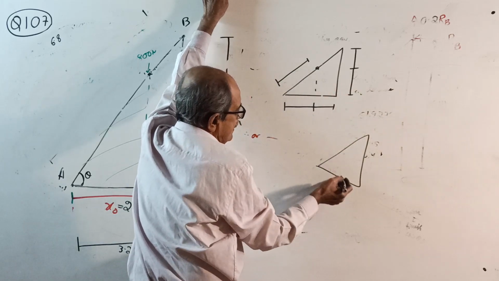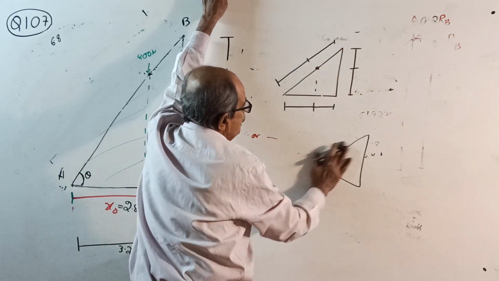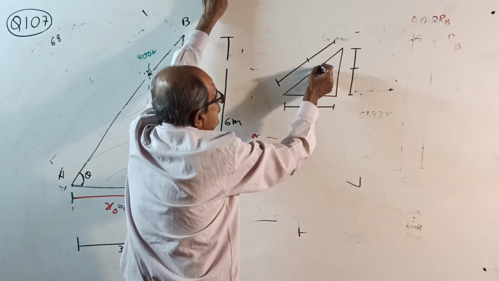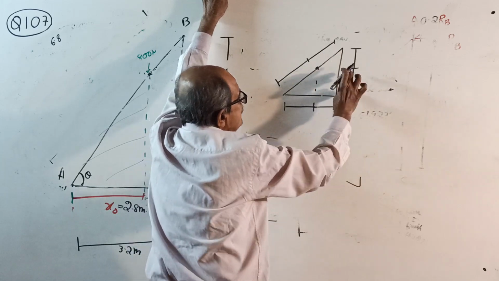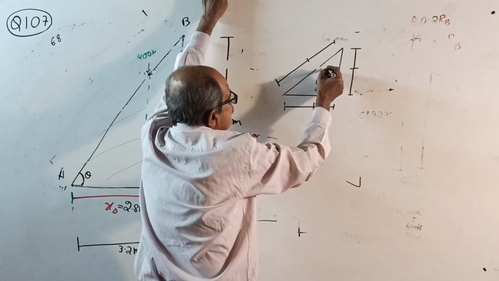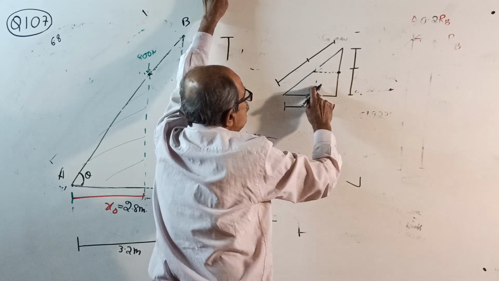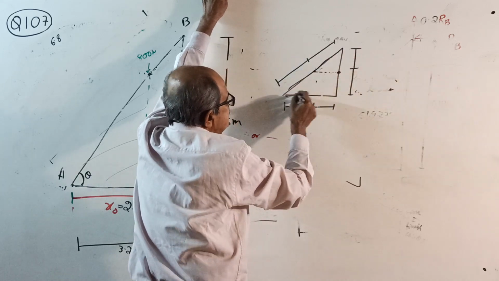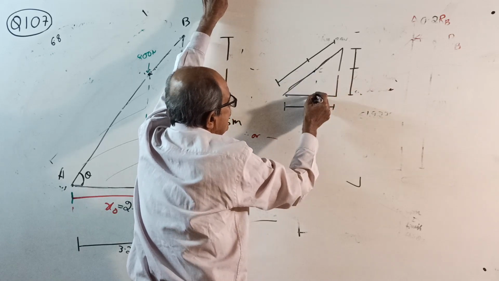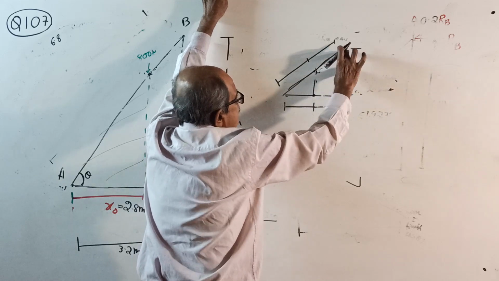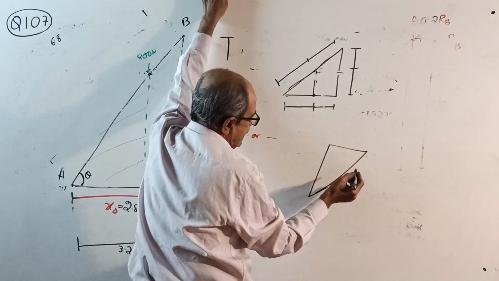Or suppose they give some position here, how to fix these two distances, or if they give some position here along here, how to fix these two distances, or even for a random triangle, not right angle.